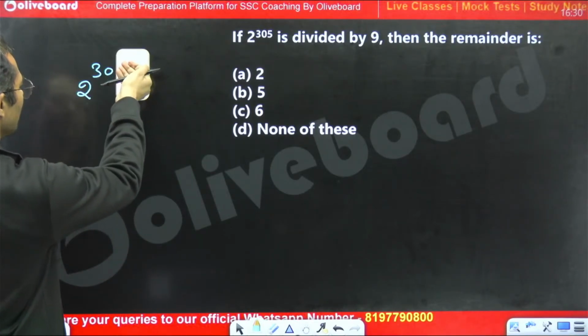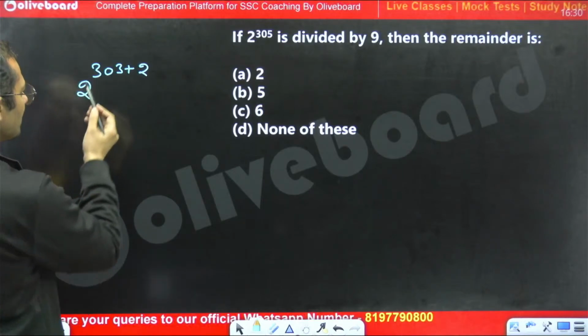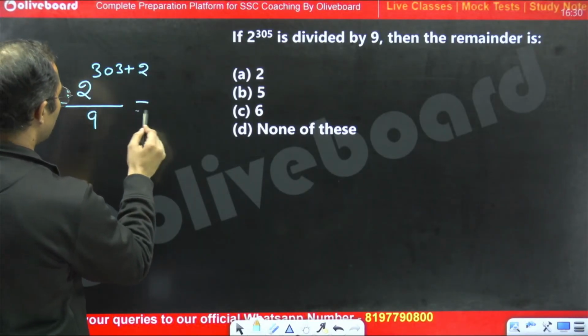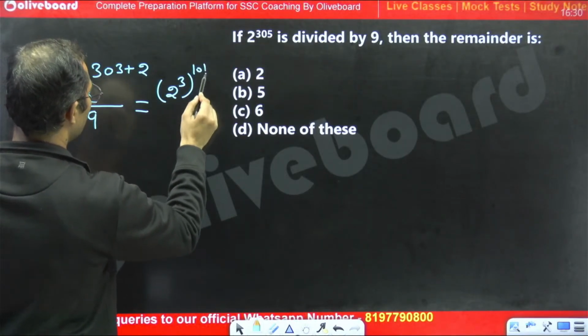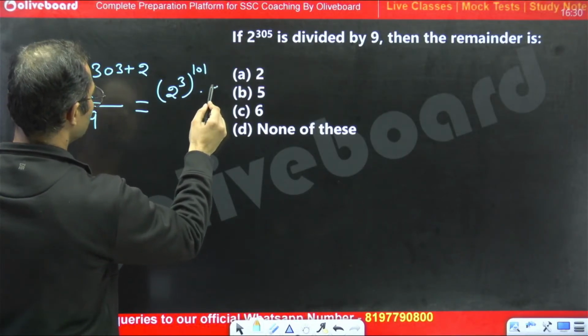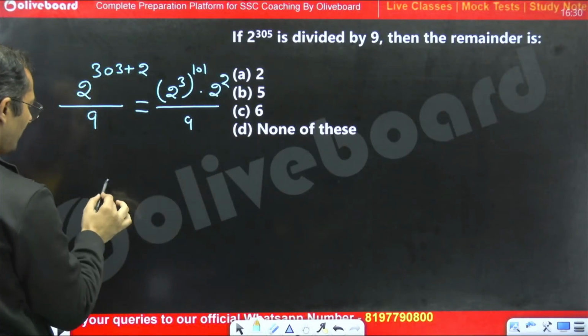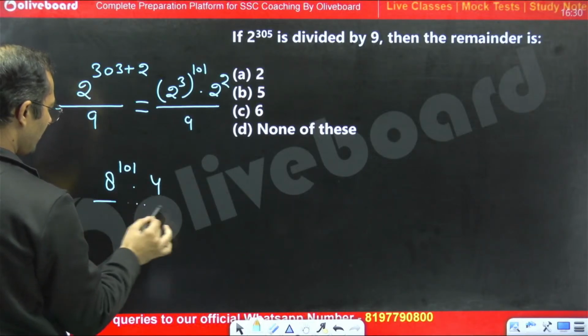So we can write 305 as 303 plus 2, right? So here we can say 2 to the power 3 to the power 101 into 2 to the power 2 divided by 9. So simply 8 to the power 101 into 4 divided by 9.